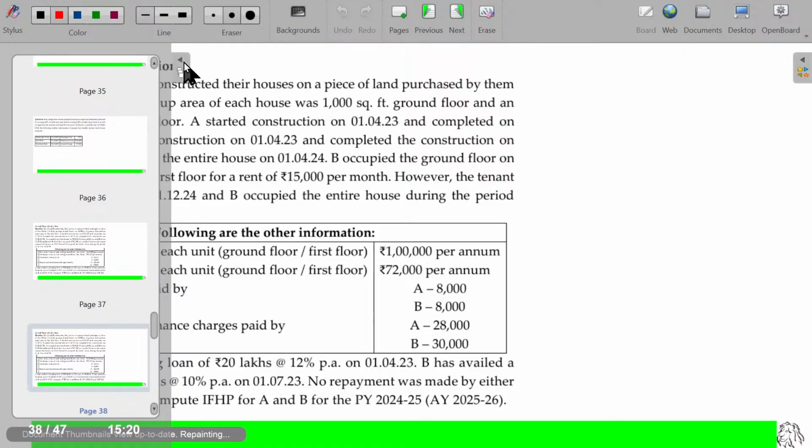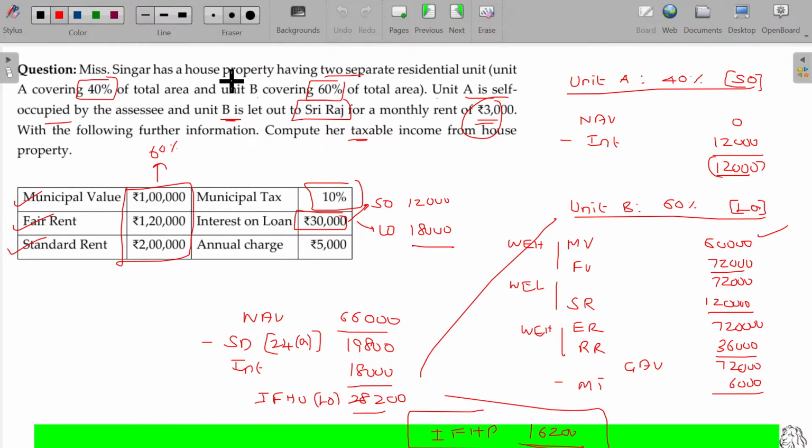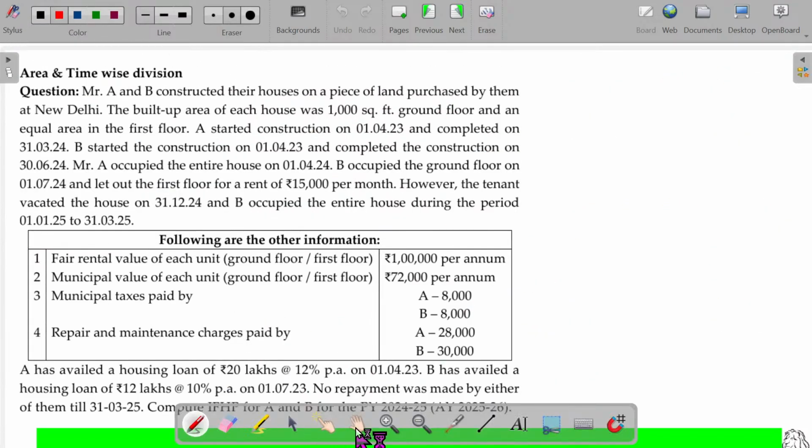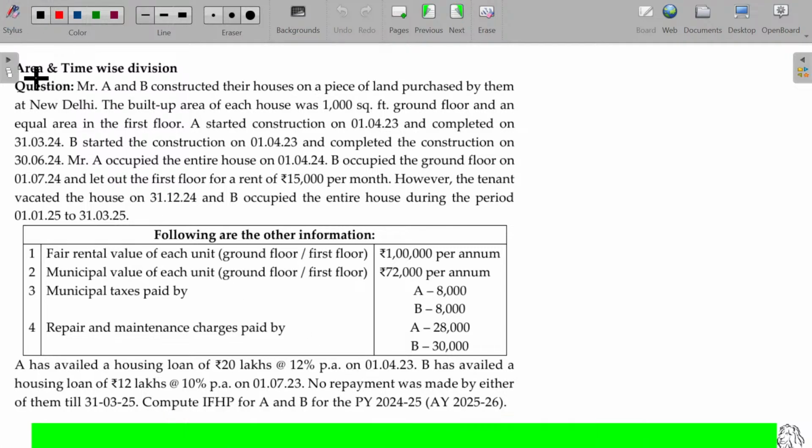One of the comprehensive illustrations asked in the exam. Area and time-wise division both are available here.